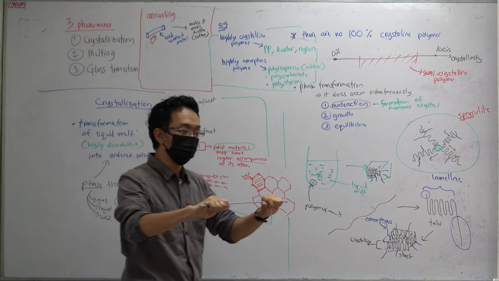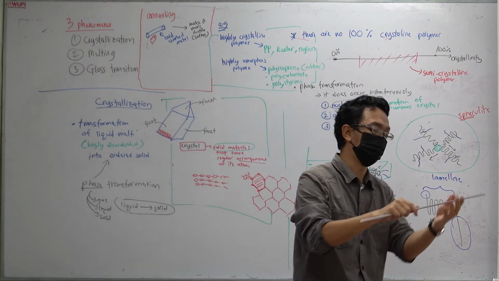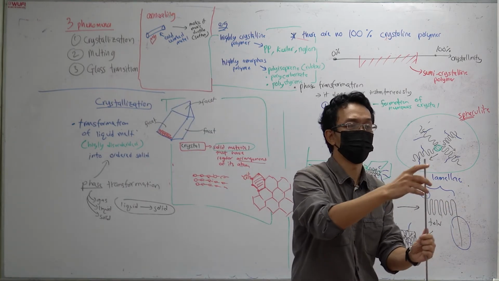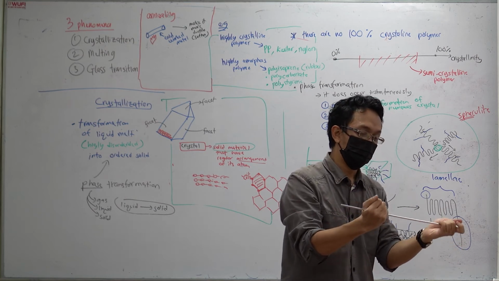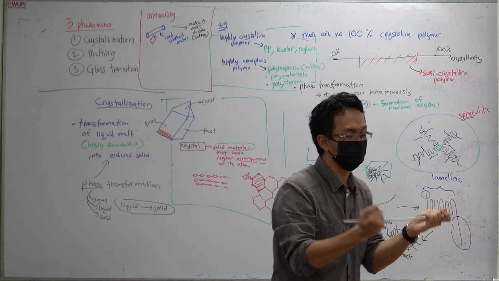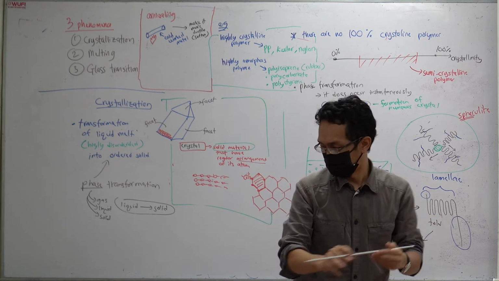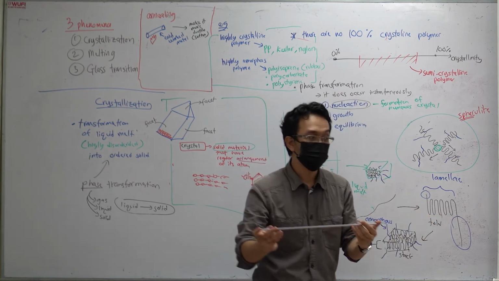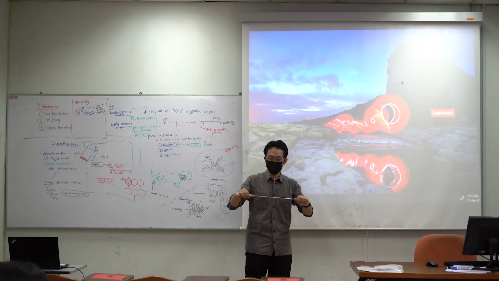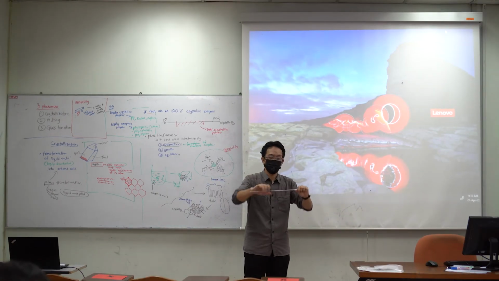For example, let's say you want to make a ring out of the metal, like a thick metal like this. When it's cold, it's hard to do anything to this. But when you anneal, you heat this thing. Of course, you understand that when you heat it, it's easy to bend.